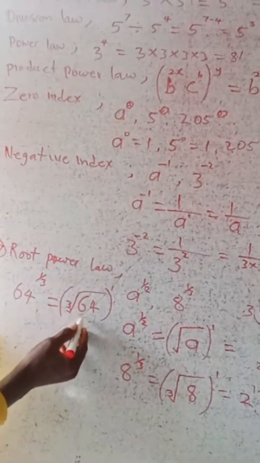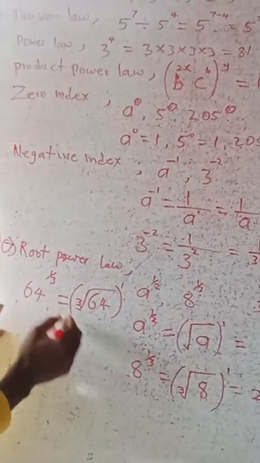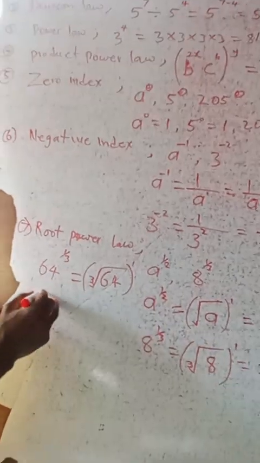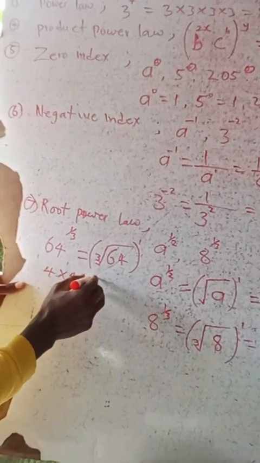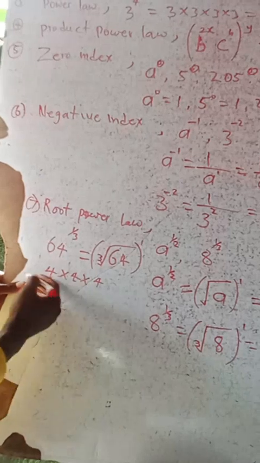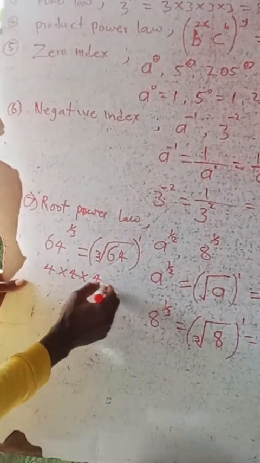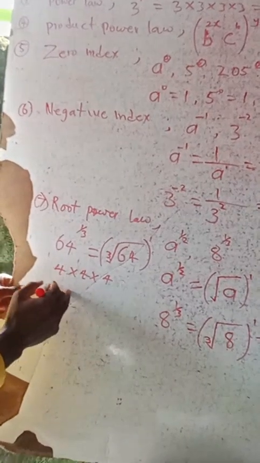What number can multiply itself 3 times to give you 64? The number is 4 times 4 times 4. 4 times 4 is 16, times 4 is 64. So the answer is 4. Are you getting it?